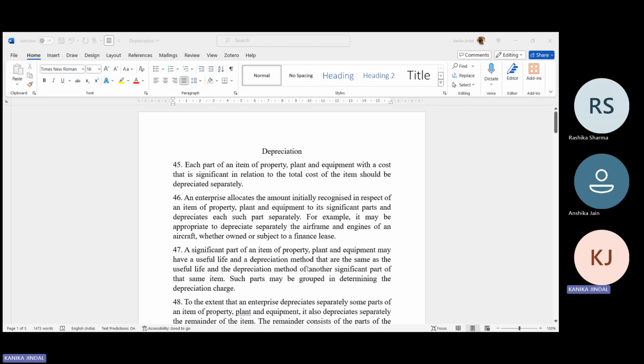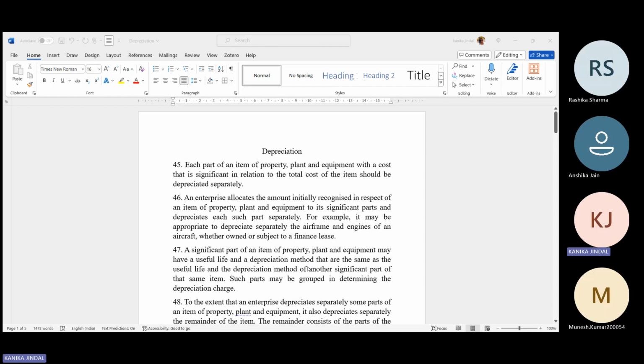So here they are saying an enterprise is allocating the amount to the item and also to its significant parts, and depreciating the significant parts separately. For example, if there is an aircraft, the airframe and the engines, whether owned or subject to finance lease, are depreciated separately.